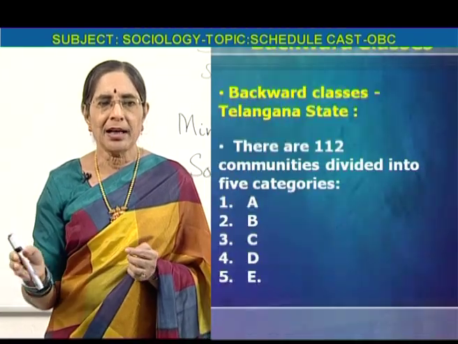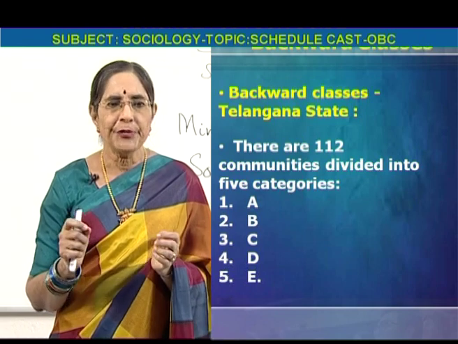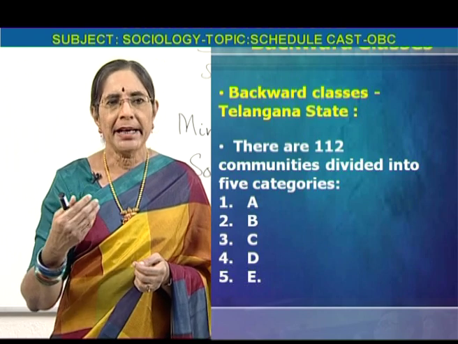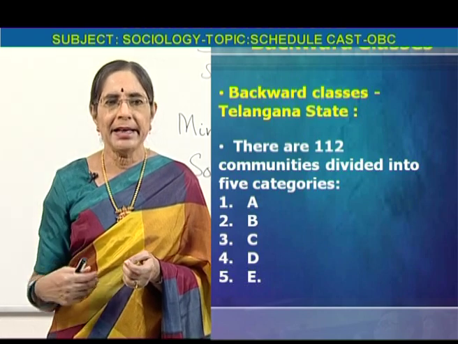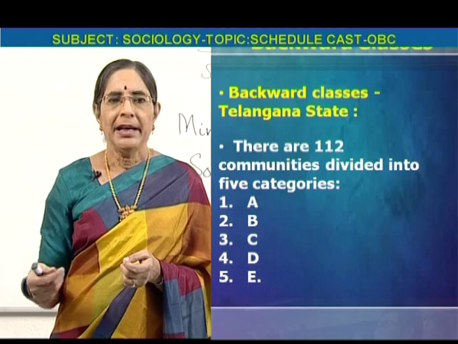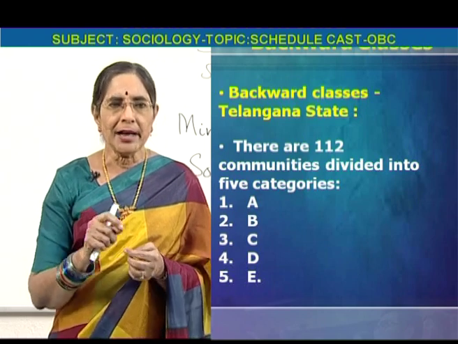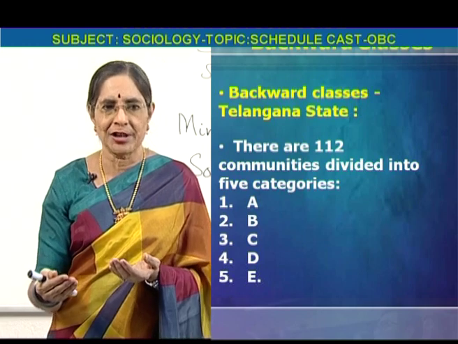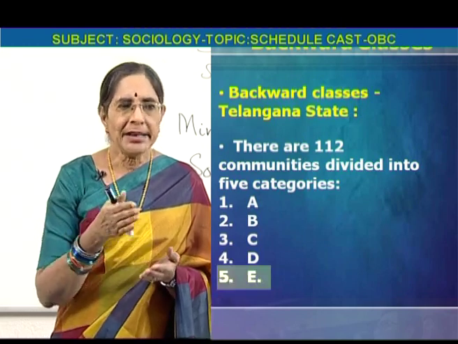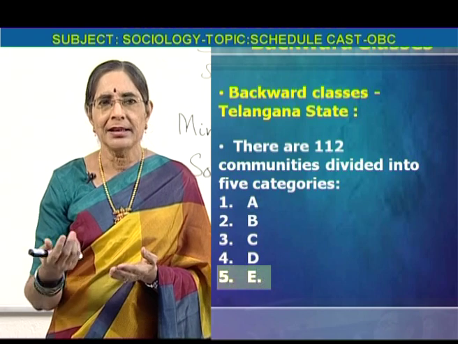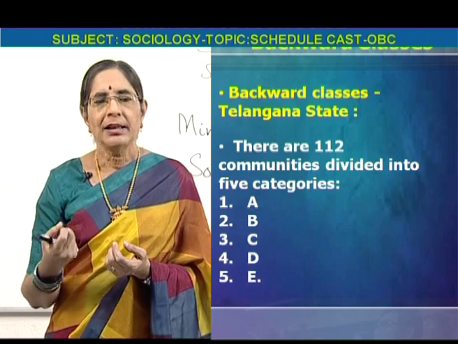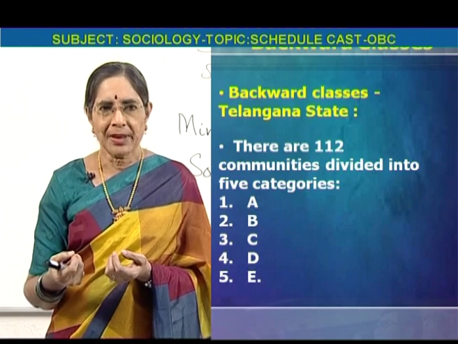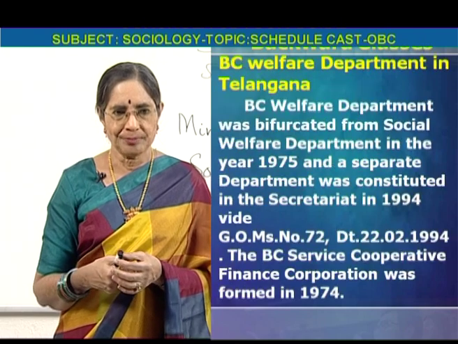These communities are divided into 5 subcategories, named Group A, B, C, D and E. Here it is not only caste based, even economic backwardness is taken into consideration. For instance, Group E of backward classes has economic backwardness as one of the major criteria which defines their backwardness.